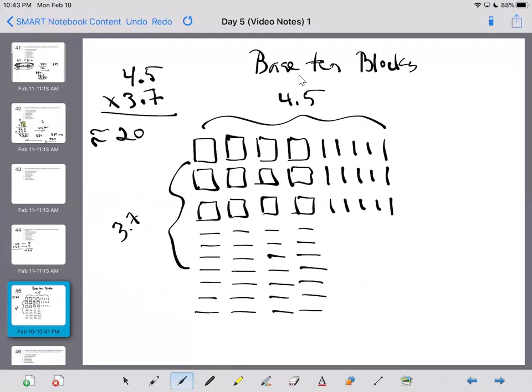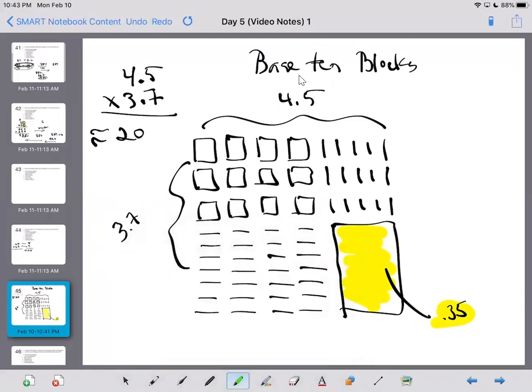And then just know that my last rectangle here in the hundredths should show 5 by 7 or 35 hundredths. So when we split all that up, we would see 35 hundredths.